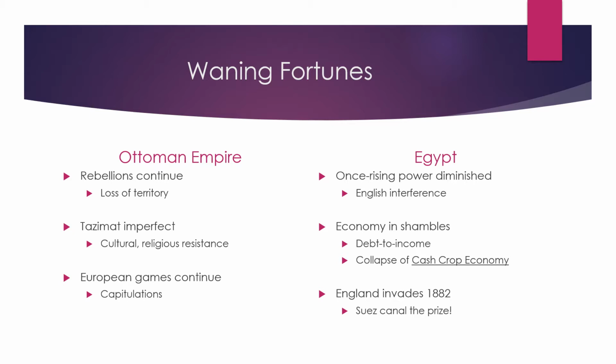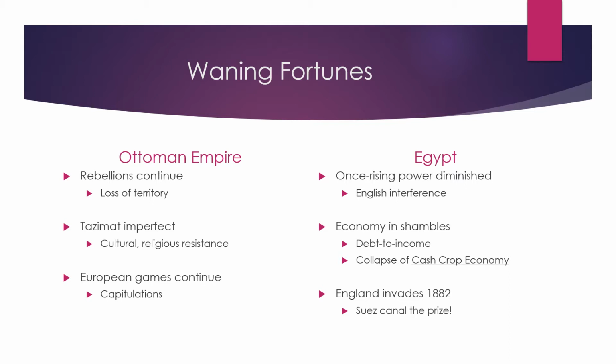There is one thing that's slightly different, which is that the Germans and Italians were actually pretty nice to the Ottomans, and to a lesser degree, as were the Americans. Egypt itself was a once rising power, but has since been diminished in the 1860s and 1870s, largely due to English interference. I mentioned sneaking the first ship through and getting into the canal first.